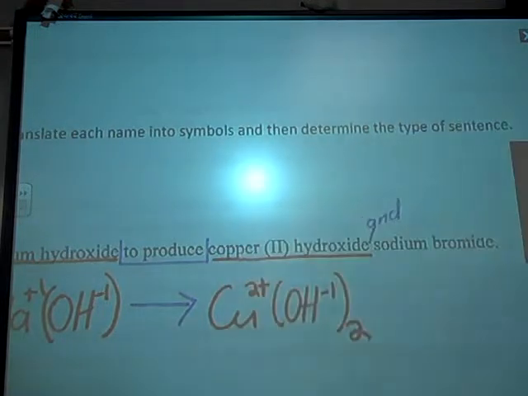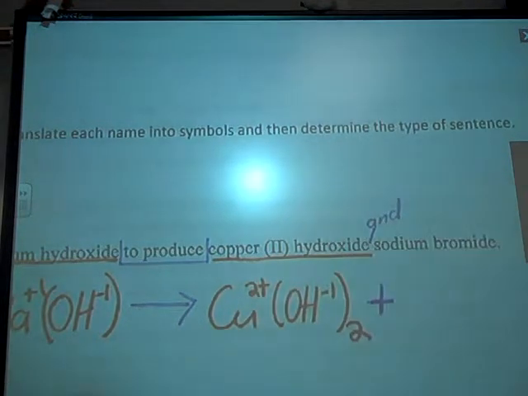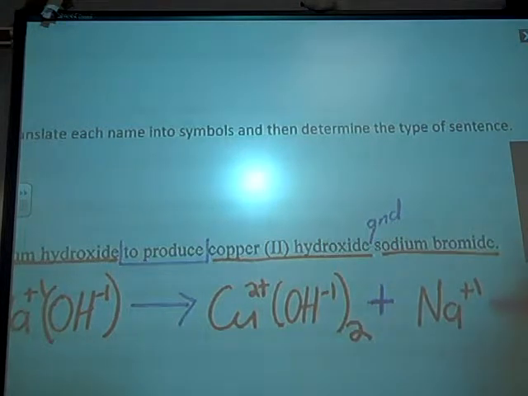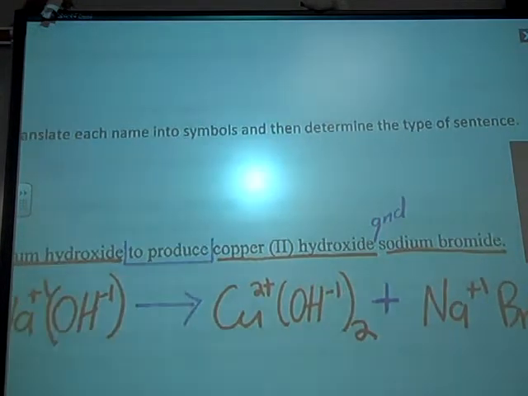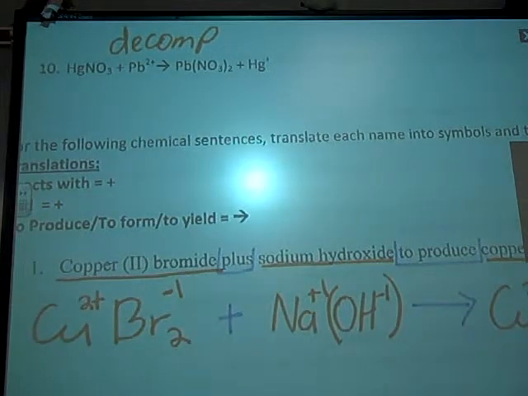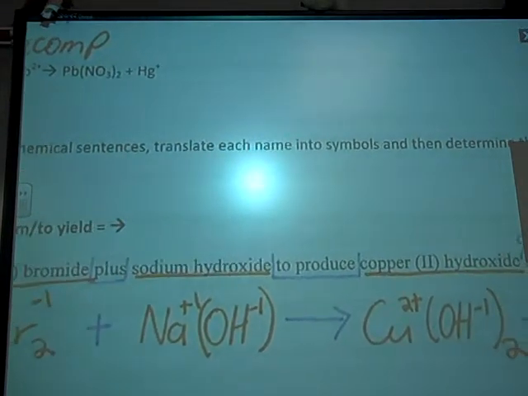There should be an "and" right here, which puts in a plus. Here's my last compound, sodium with his charge of +1, bromine with his charge of -1. 1 plus -1 equals 0. All we did was translate the words into chemical symbols.